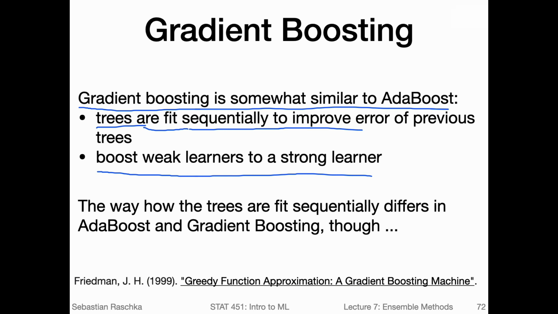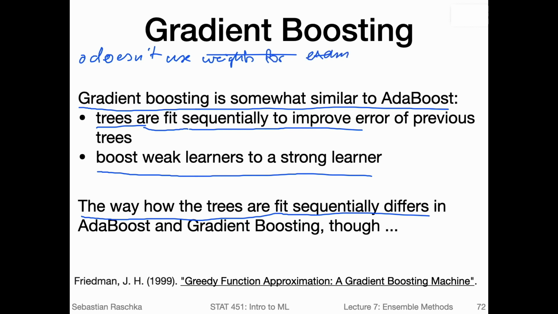In addition to the similarities to AdaBoost, also briefly about the differences. What's different in gradient boosting compared to AdaBoost is mainly the way the decision trees are fit. Here in gradient boosting, for example, we don't have weights for the misclassified examples. So gradient boosting doesn't use weights for the training examples, but also there are no weights for the classifiers.